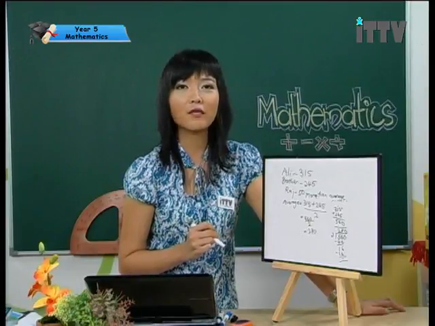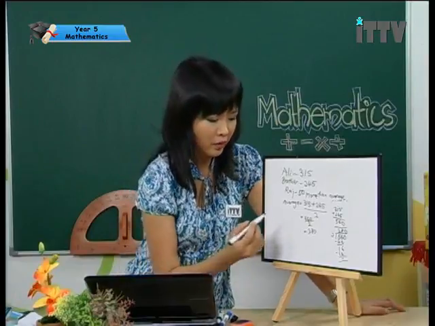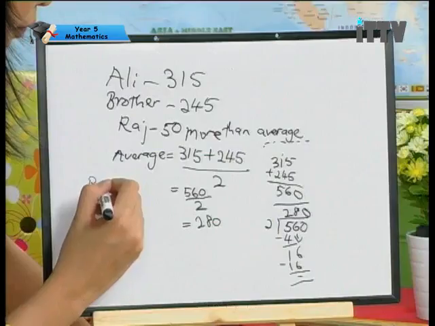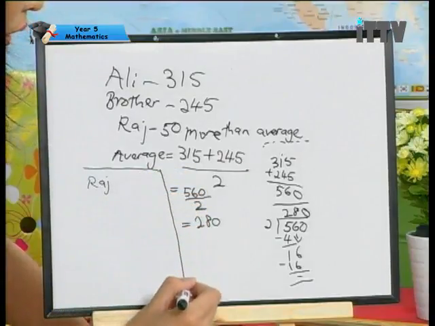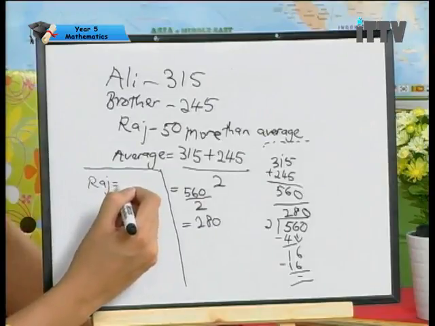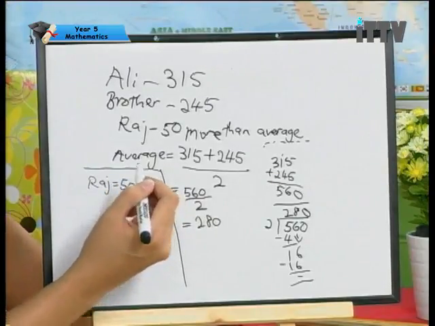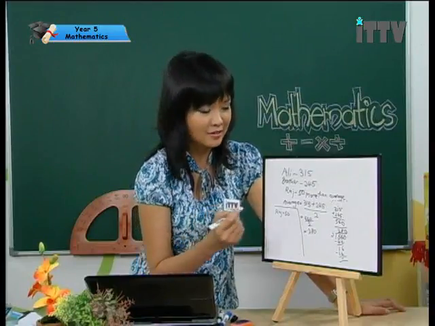The question tells us that Raj has 50 pieces more than the average. So for Raj's stamp, okay, Raj, I'll make a square over here. Now, Raj, his stamp collection is 50 pieces more than. What is the operation here for more than? Plus.